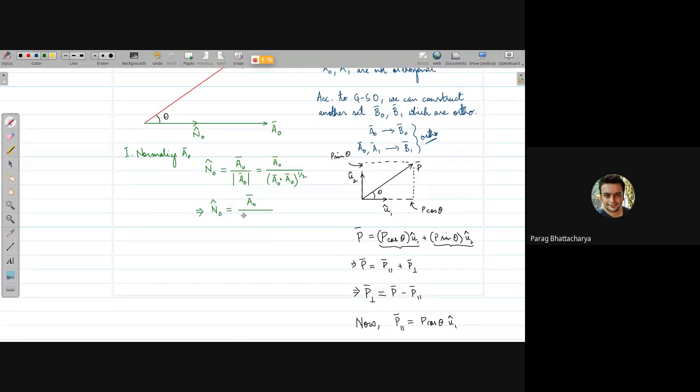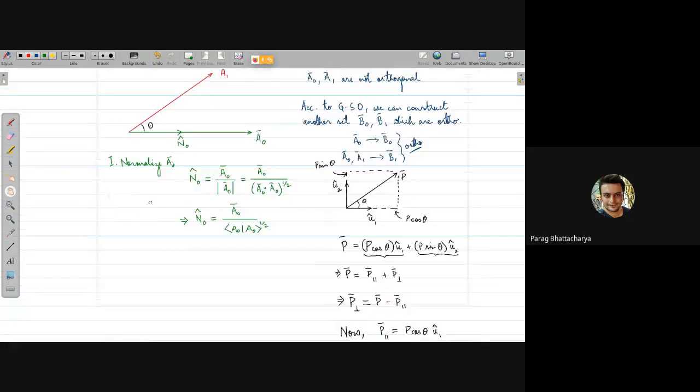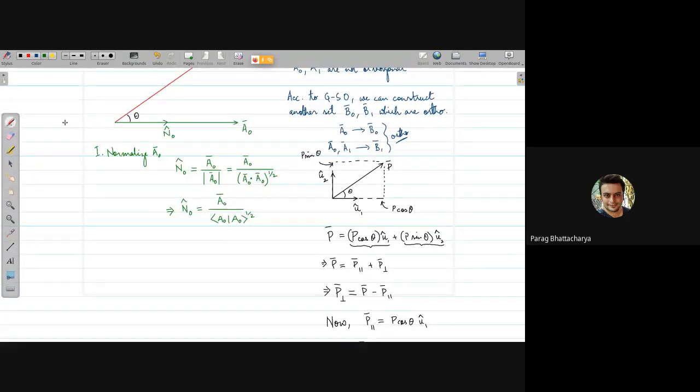This is nothing but the scalar product of a0 with itself. Is this clear, everyone? Let's call this equation number 1.